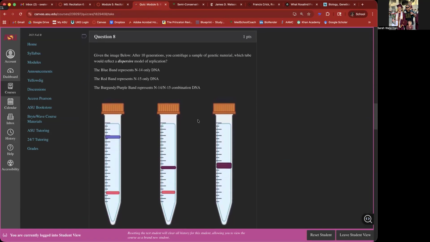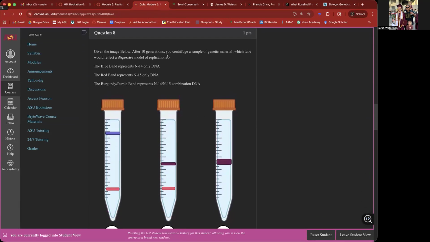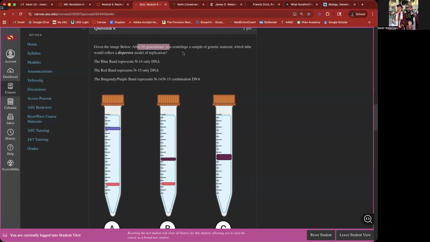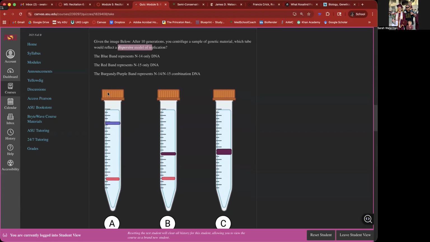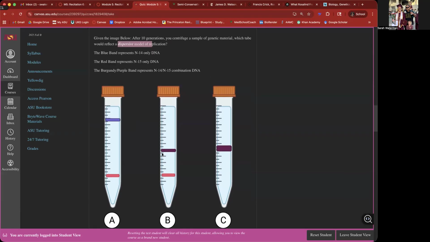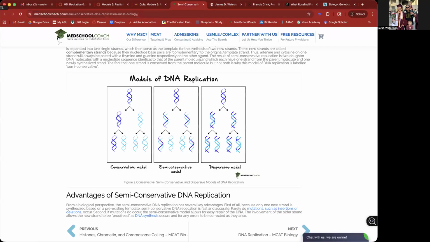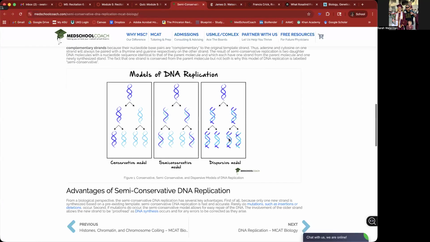And then for question 8, given the image below, after 10 generations, you centrifuge a sample of genetic material, which tube would reflect a dispersive model of replication. So blue is 14, red is 15, and a burgundy purple is both. Okay, so let's look again real quick at what this dispersive model looks like compared to all of these other ones.